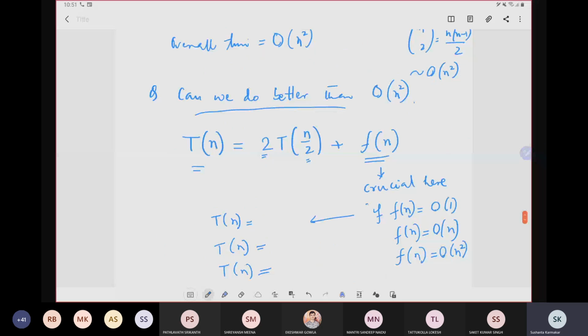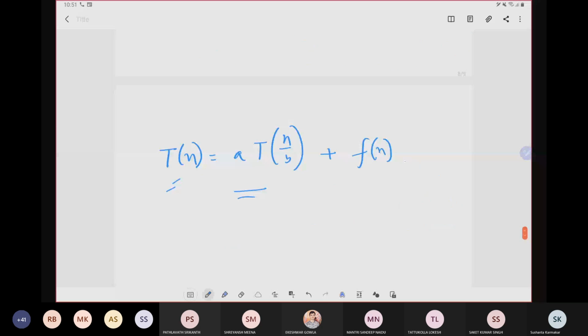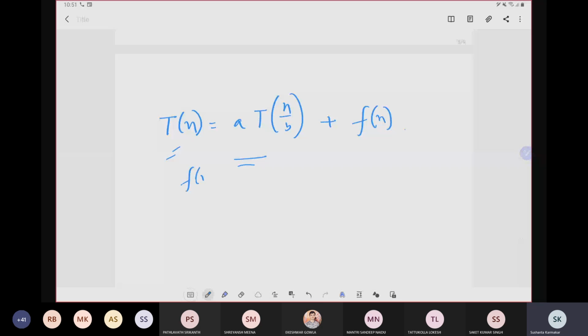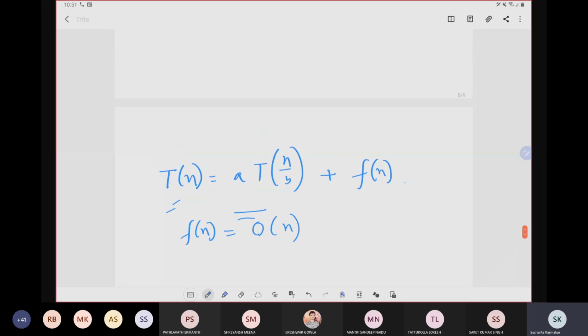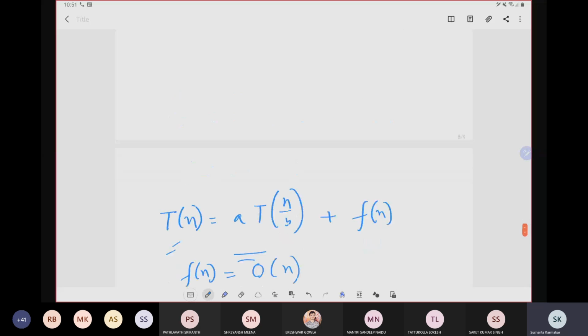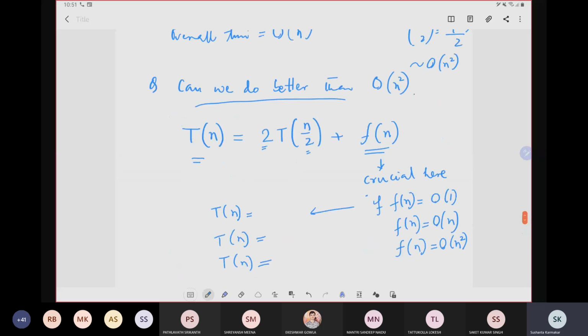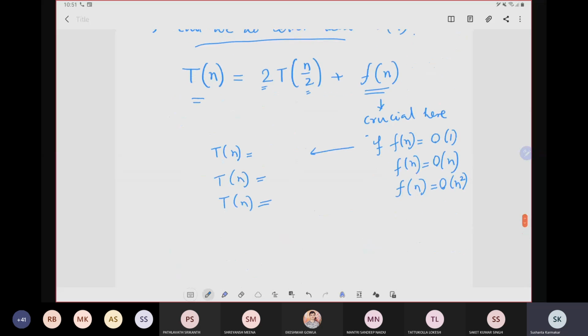The second important thing is that normally we will provide one solution where we claim that this Fn is of the order of n. When this is order of n, then only you can claim that the solution is actually order of n log n.